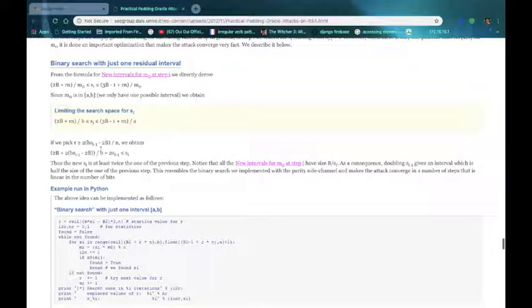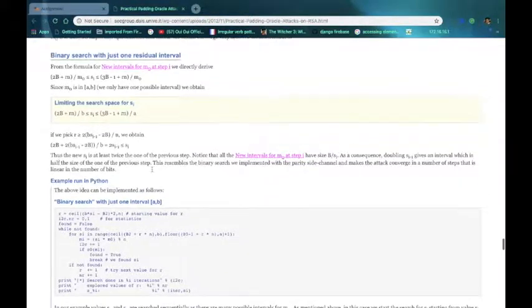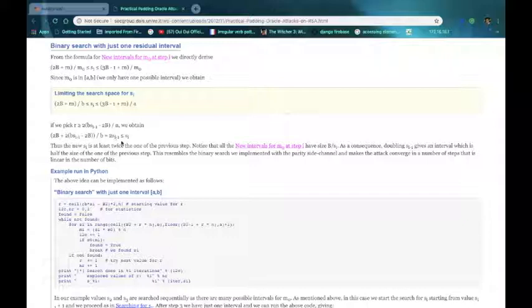To do this, we pick R as 2 into b Si minus 1 minus 2b by n, from which we obtain values of Si which are twice the values of the previous Si.